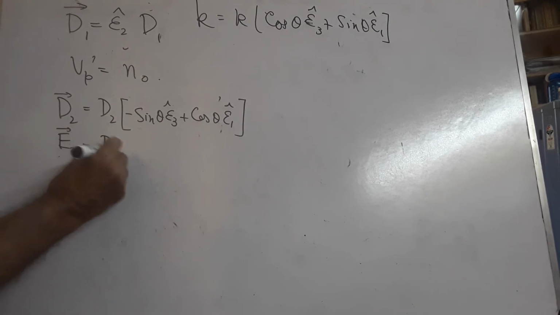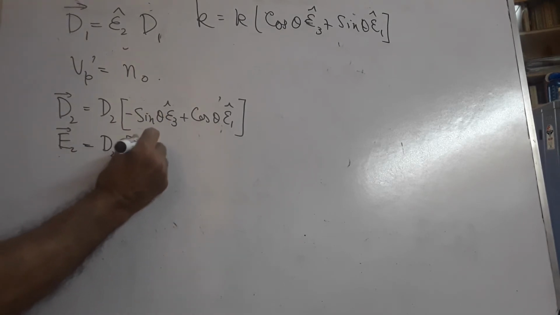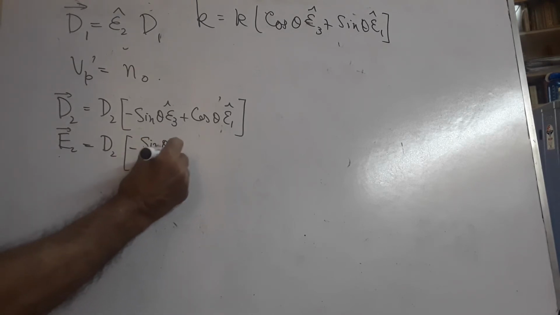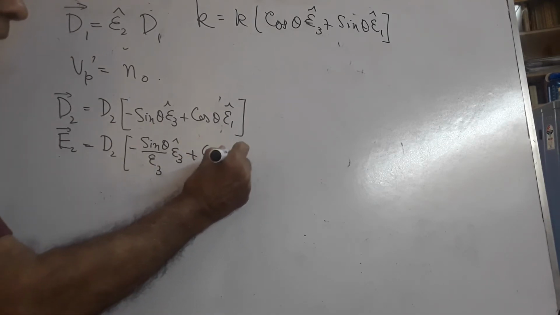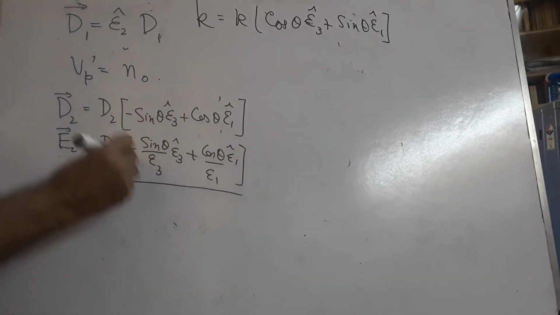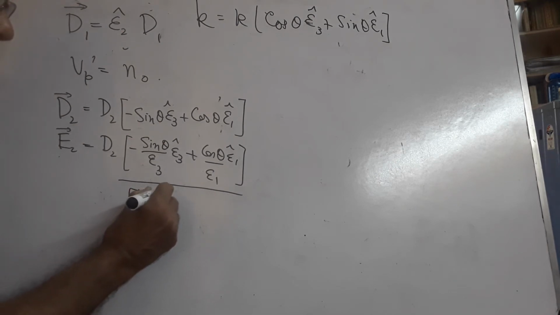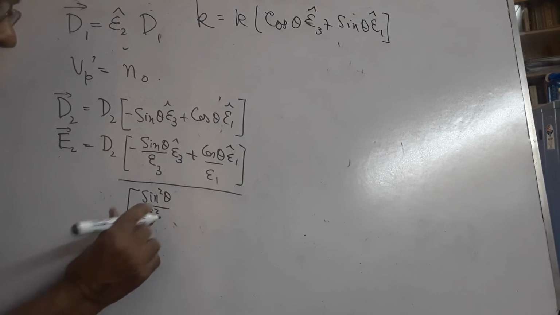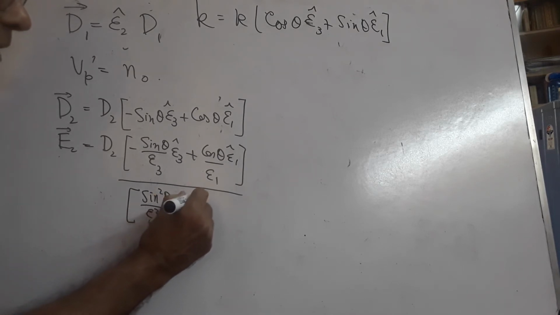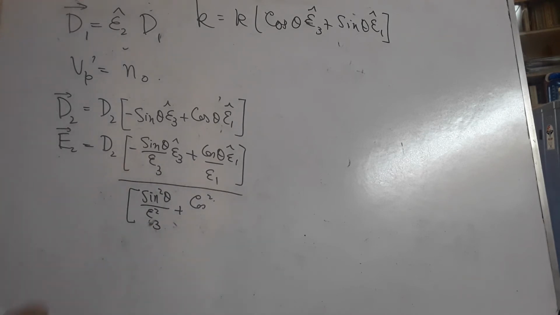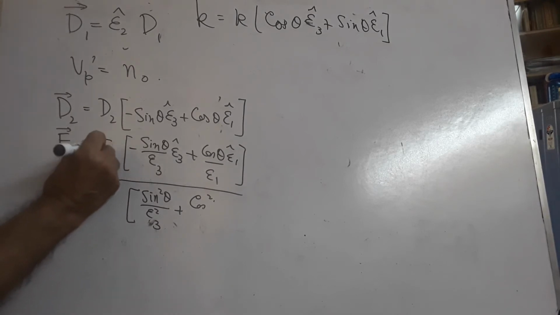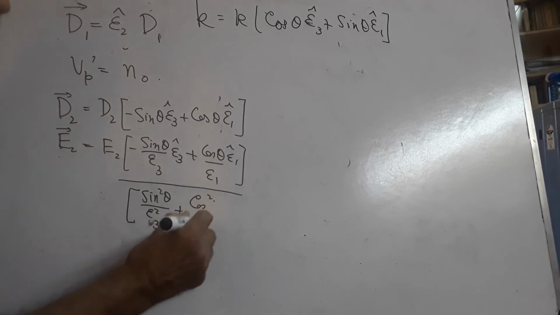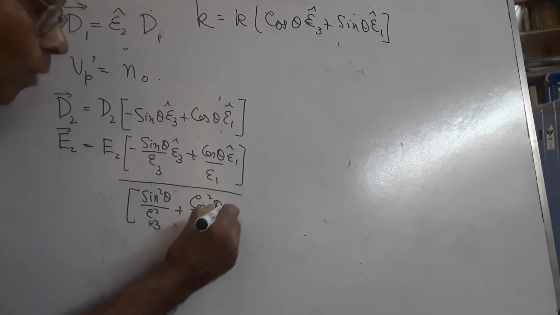E2 would be D2 divided by epsilon: minus sin theta by epsilon 3 cap plus cos theta by epsilon 1 cap, divided by, to make this a unit vector, sin squared theta by epsilon 3 squared plus cos squared theta by epsilon 1 squared, to the power half.